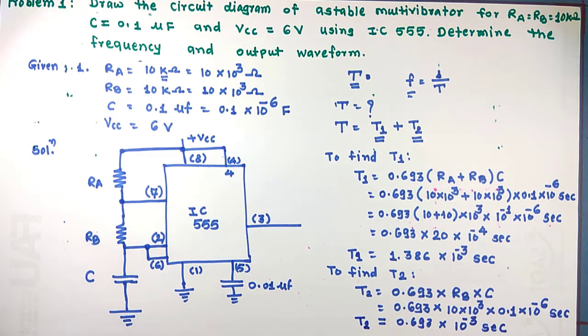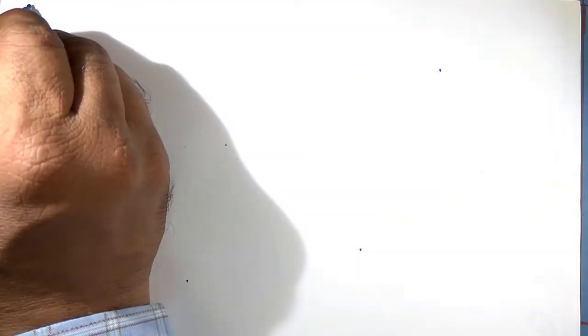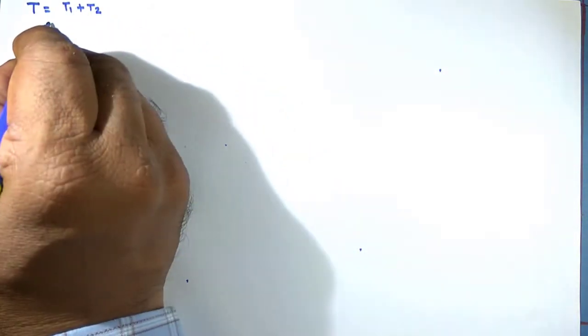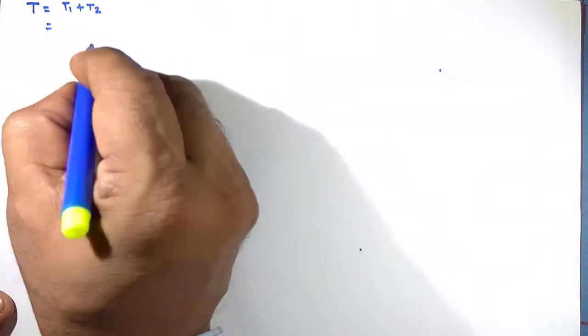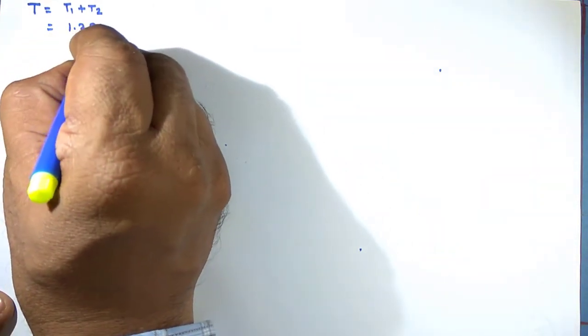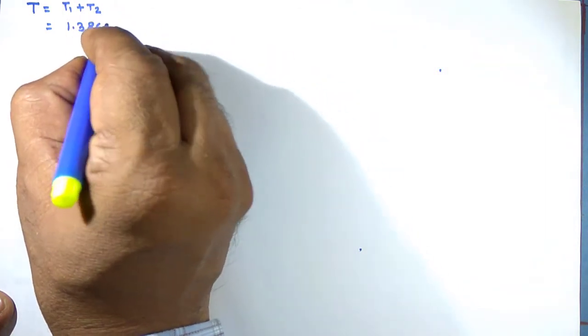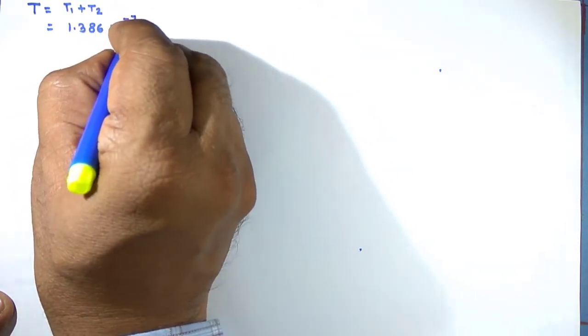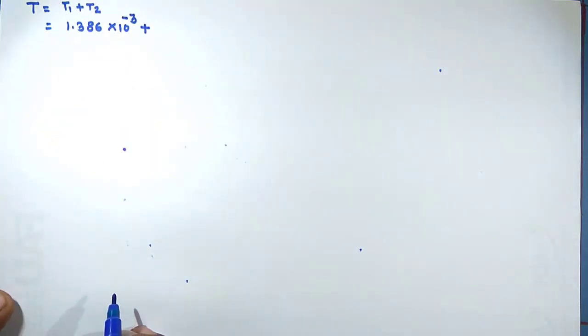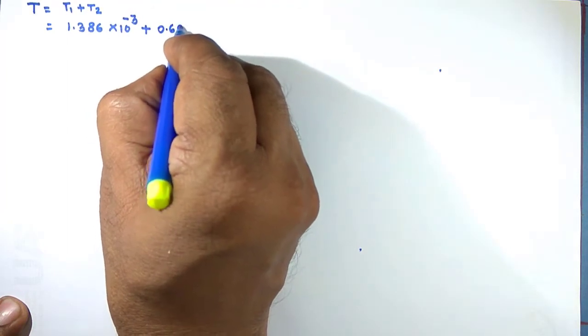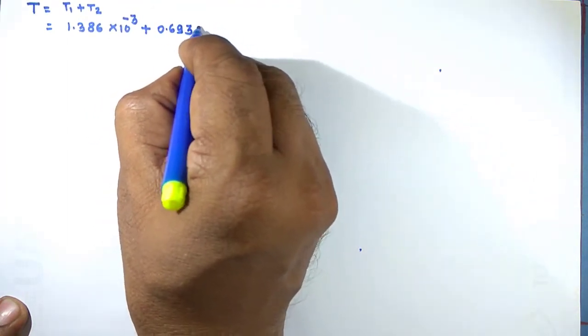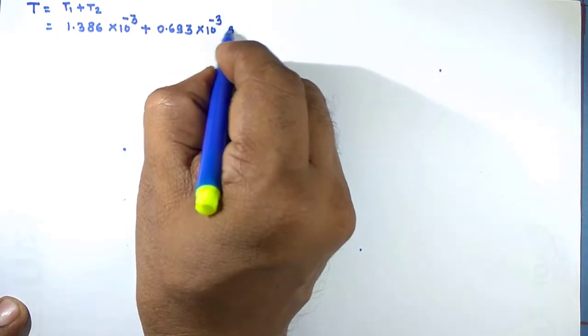So this is T2. T1 is equal to 1.386 into 10 raised to minus 3 second, and T2 is equal to 0.693 into 10 raised to minus 3 second. Hence, total time T is equal to T1 plus T2, which is 1.386 into 10 raised to minus 3 plus T2, which is 0.693 into 10 raised to minus 3 second.